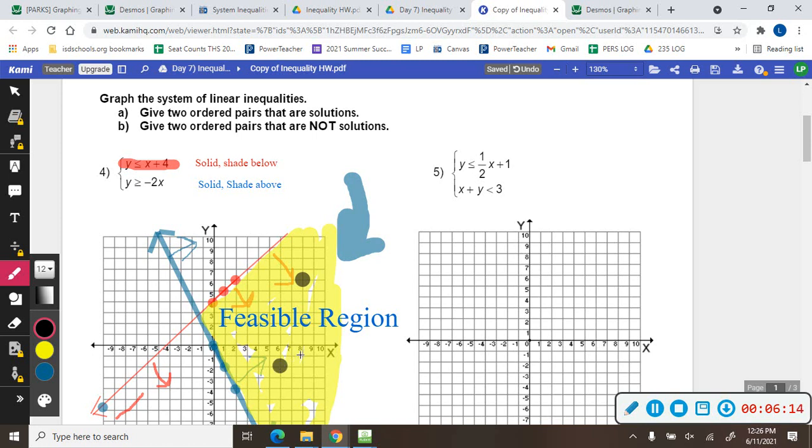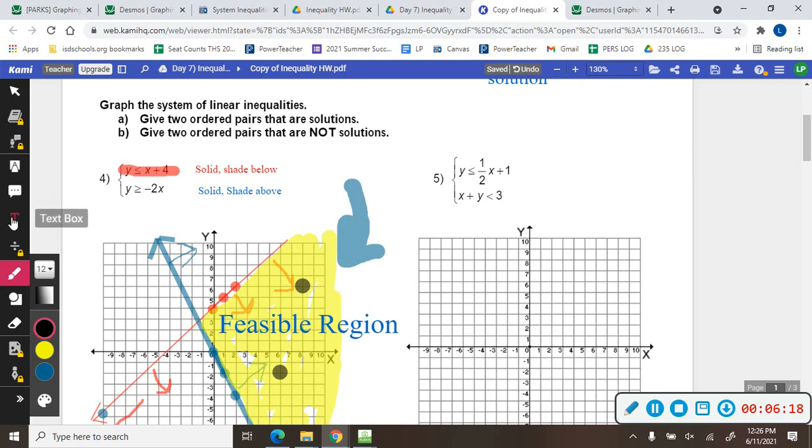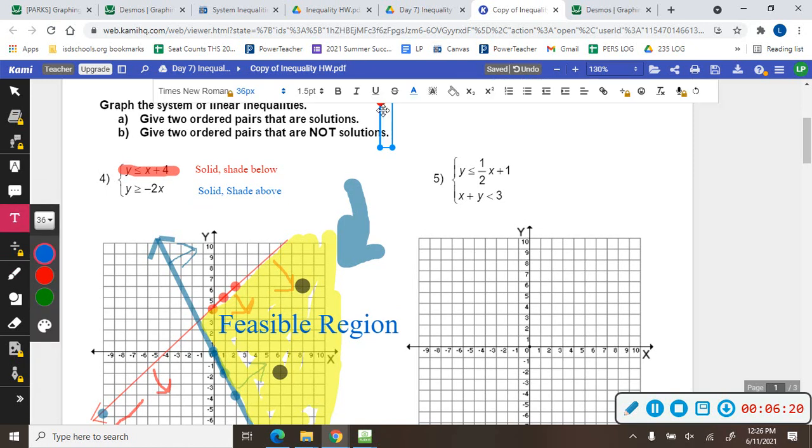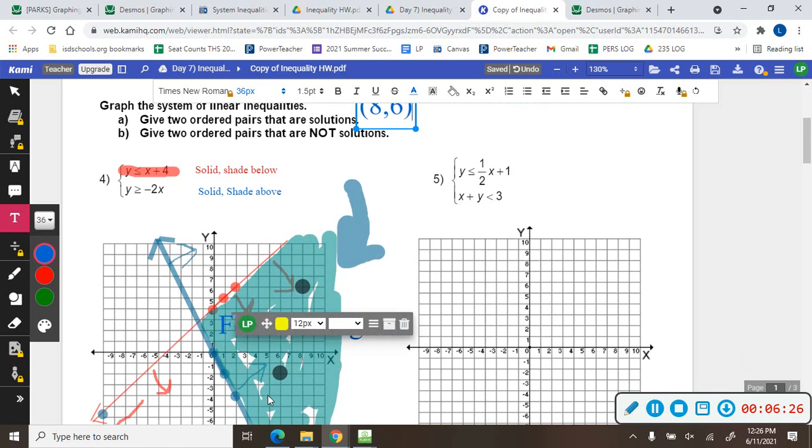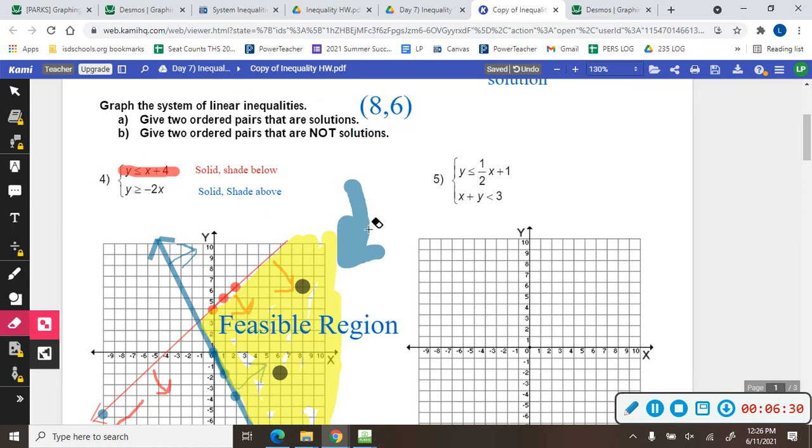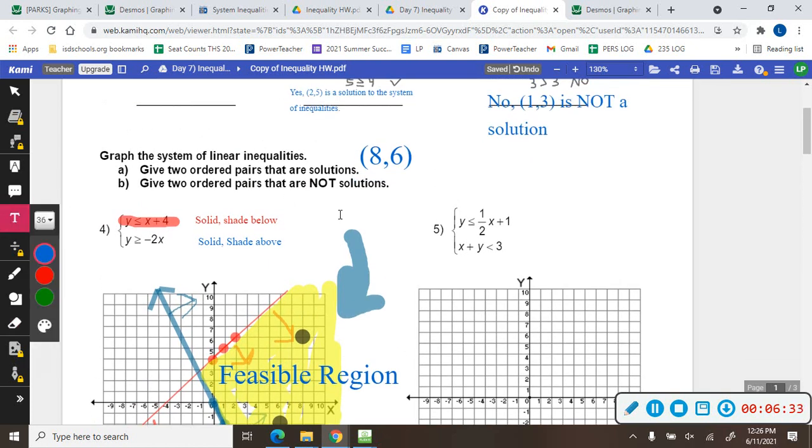And so looking, that would be 8, 6. And this one down here is 6, negative 2. And again, these are just random points I decided to pick.